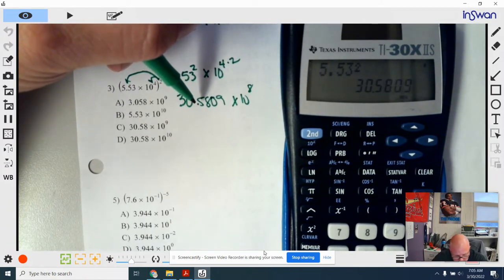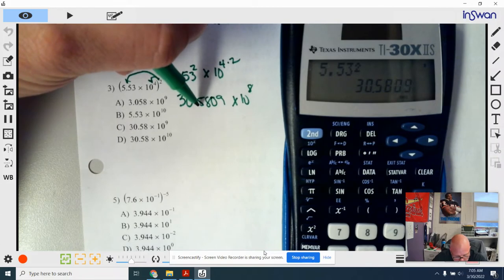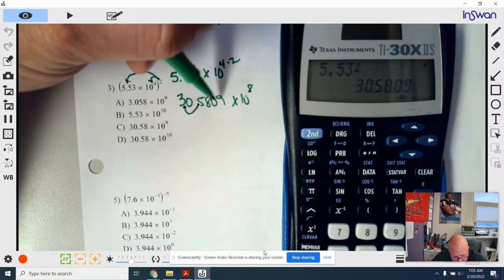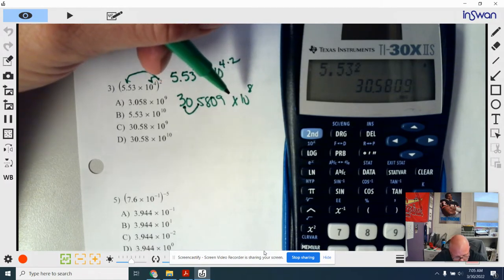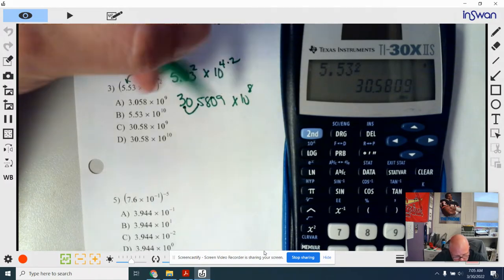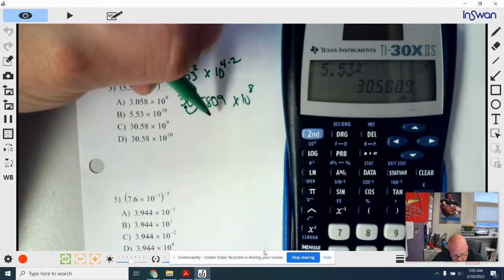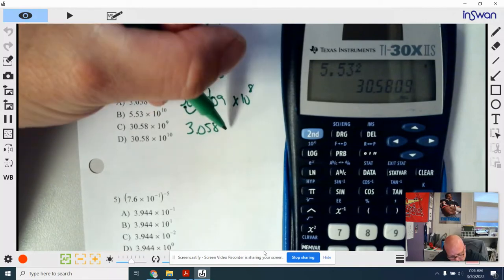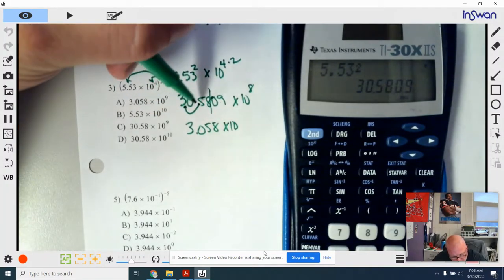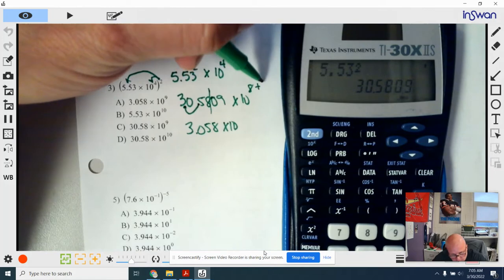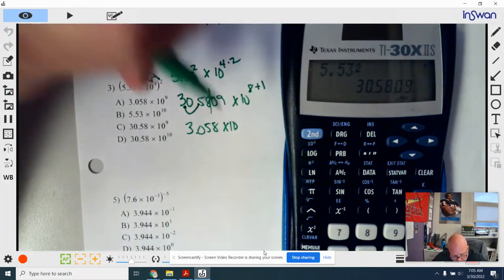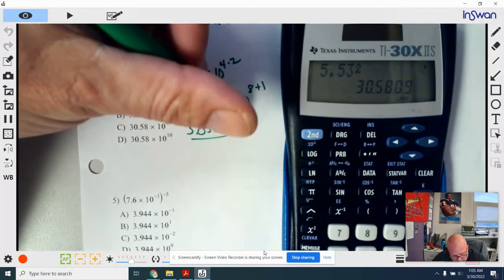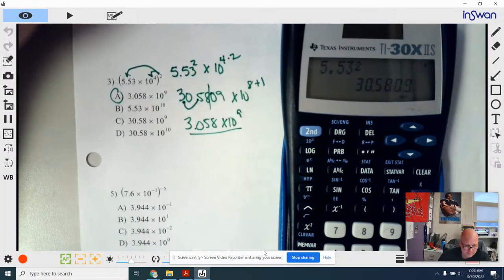So checking this one out, your number is way too large, so it needs to go back. If I move 1 back, you're at 3.05809. You'll look at these ones, they do mark off, looks like after the 8. So we'll say 3.058 times 10. Now, if I move it back, I have to add 1 onto that exponent. So 8 plus 1 gives you 9. So 3.058 times 10 to the 9th, which matches up with letter A.